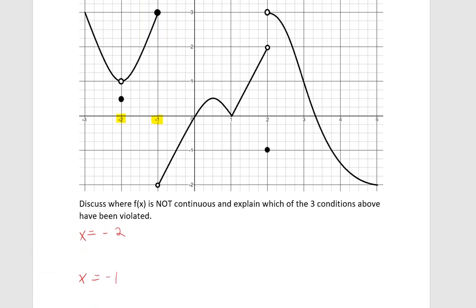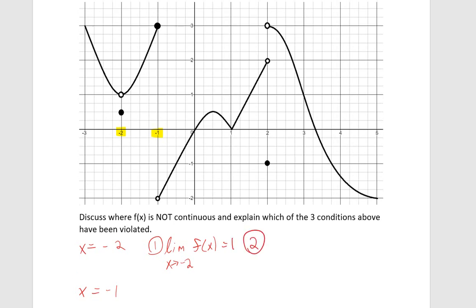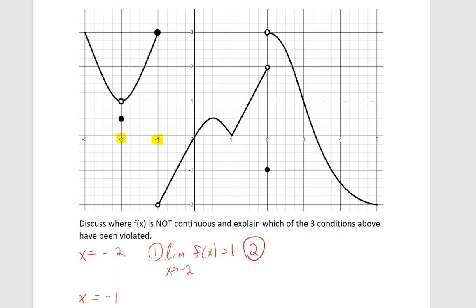So let's check these out. At x equals -2, the first thing is let's check out the limit. The limit as x approaches -2 of our function equals 1. We know that from the previous video. The second one is that we need to have our function defined.